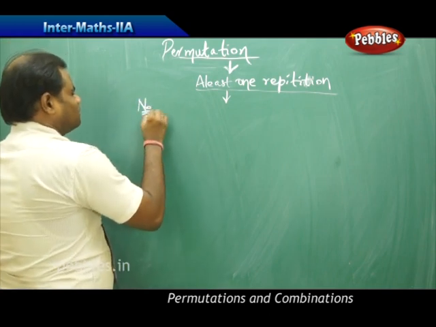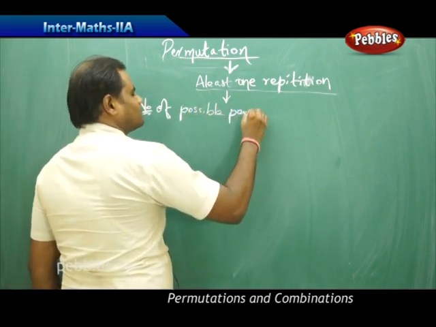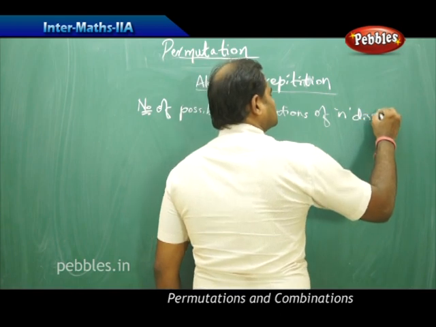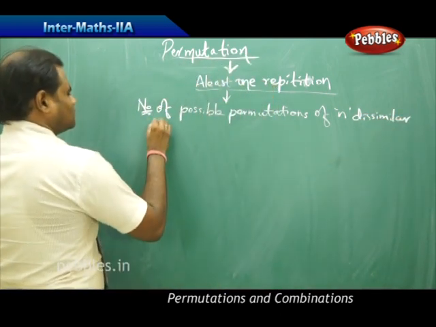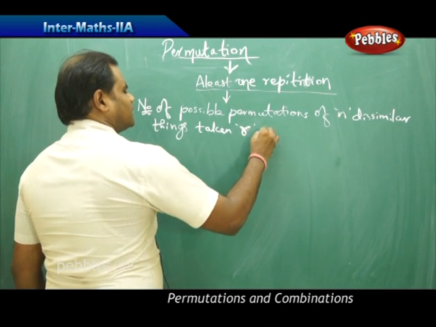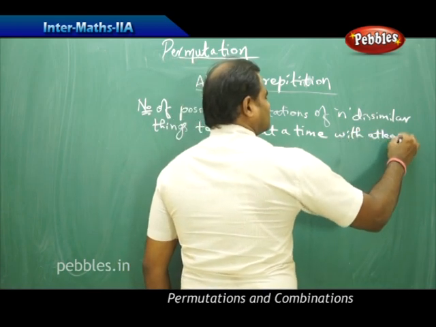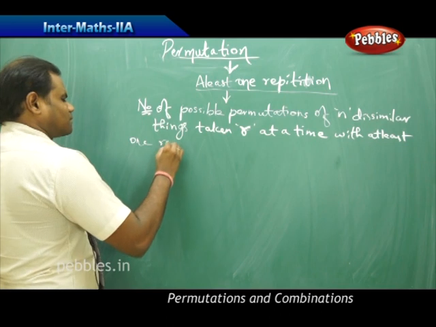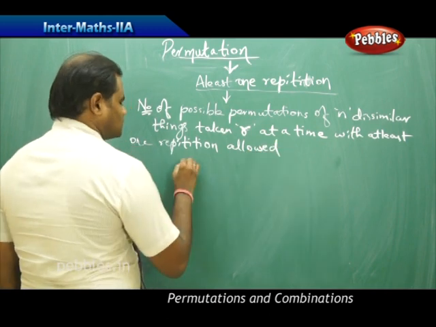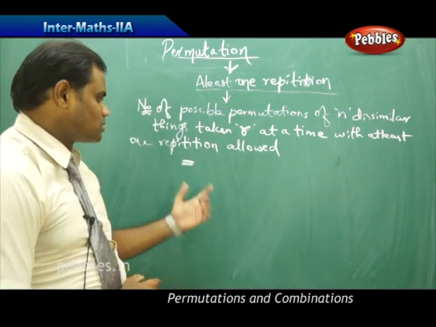The number of possible permutations of n dissimilar things taken r at a time with at least one repetition allowed will be all the possible permutations where repetition is allowed minus all the possible permutations where repetition is not allowed.